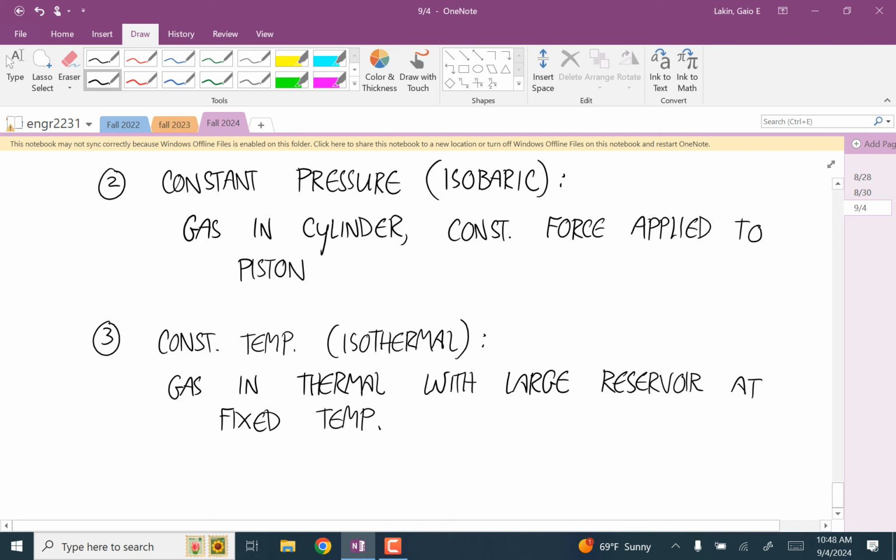If you press the piston down, the temperature of the gas is going to increase, but then the temperature of the water acting through that copper cylinder is going to bring the gas back down to its original temperature. So that's how you get things to happen isothermally.